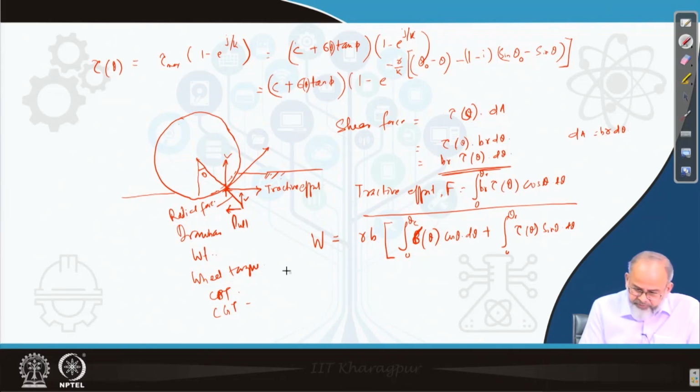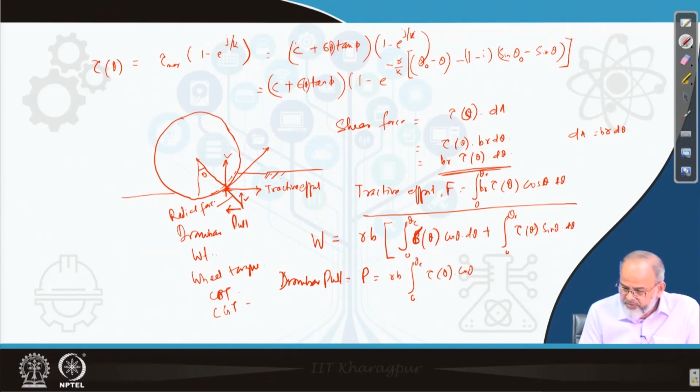Now, for drawbar pull, this will be equal to P, which is the tractive effort, which is nothing but R B integral 0 to theta e of tau theta cos theta d theta minus sigma theta sin theta d theta.